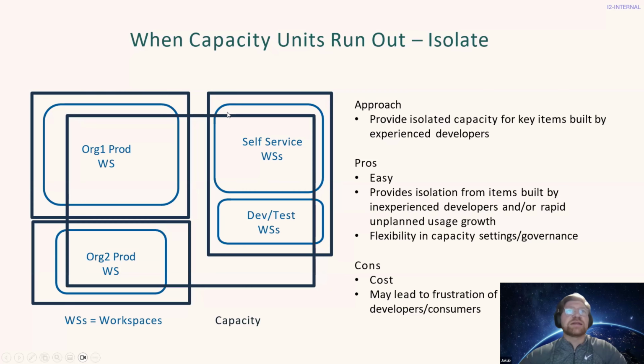We can also separate in that way the workspaces dedicated to some priority users or priority developers, whose code you know is written in a good and more efficient way, I would say.